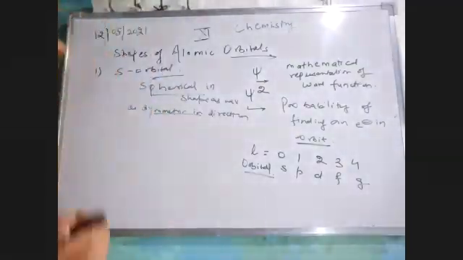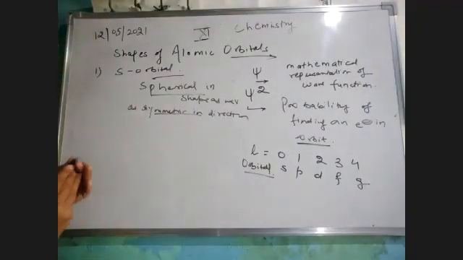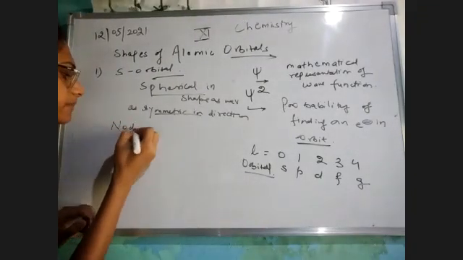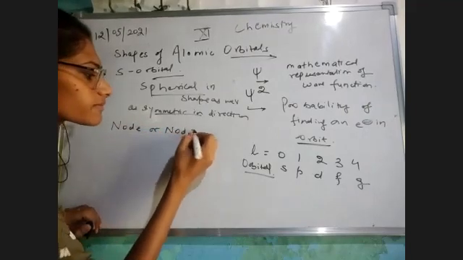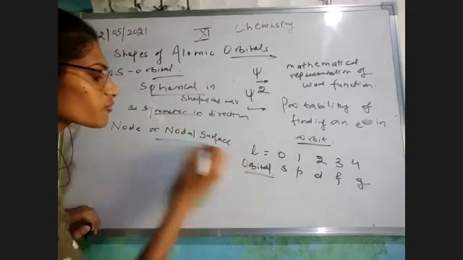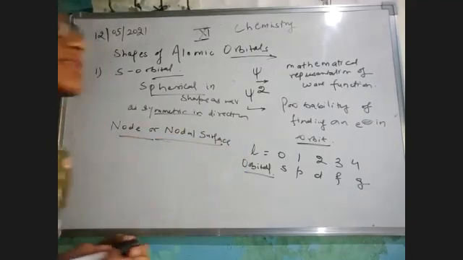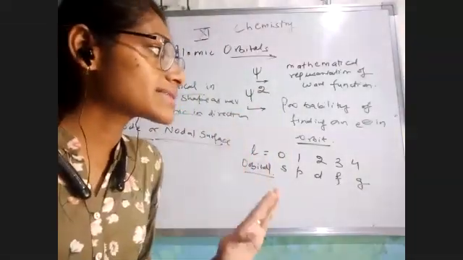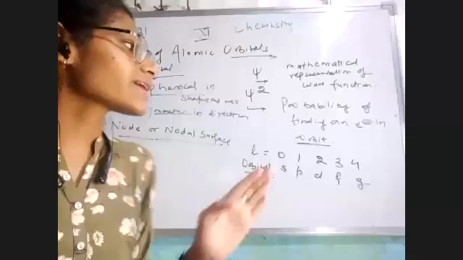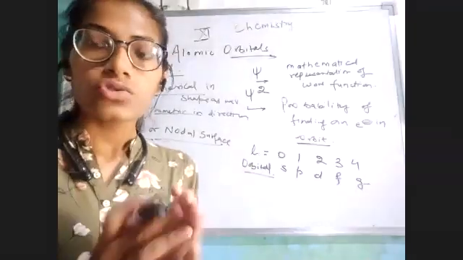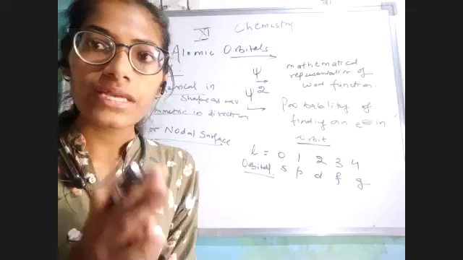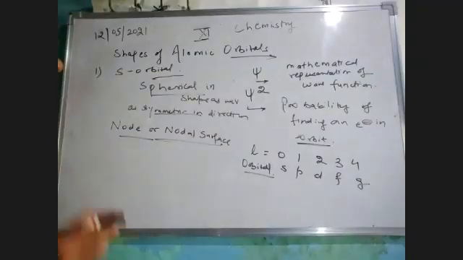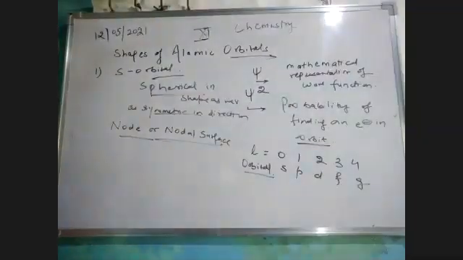Now, before going to this, we need to study a term known as node or nodal surface. From where does this term arise? It is on the basis of psi square. I have told you that psi square represents the probability of finding an electron in an orbit. Whenever we study the probability through psi square, we represent it in graphical form with the distance r.